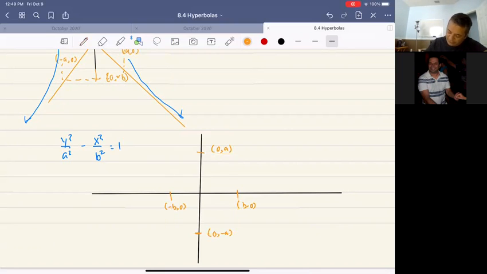Very ugly rectangle. Let's try again. That's about as good as I'm going to get. Draw the lines through the diagonals.